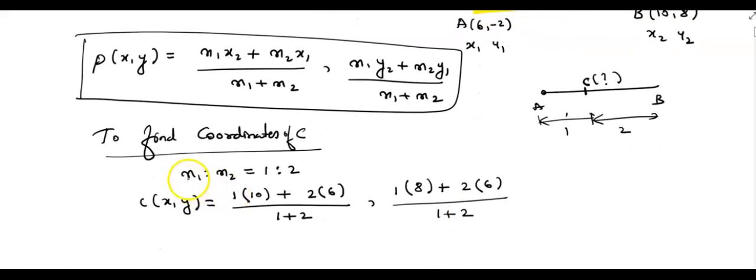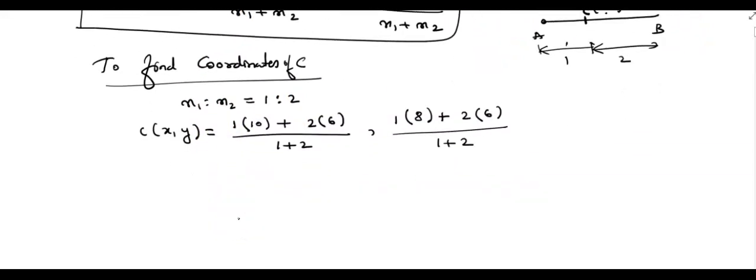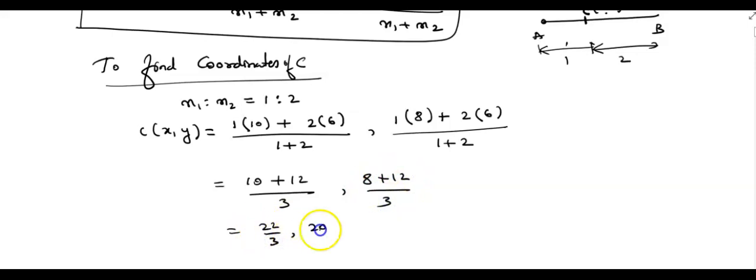Understood? Just substitute the values: in place of m1, 1, and m2, 2. This is x1 y1, x2 y2. 1 10s are 10, 2 6s are 12, by 3. 10 plus 12, 22 by 3.